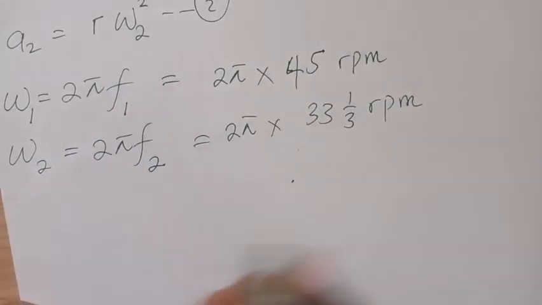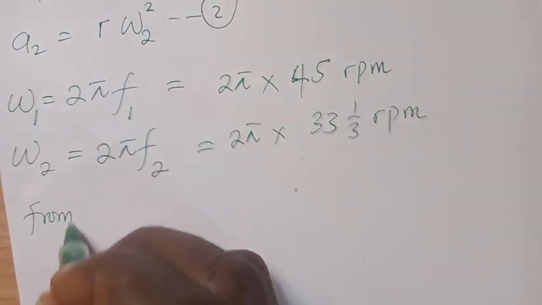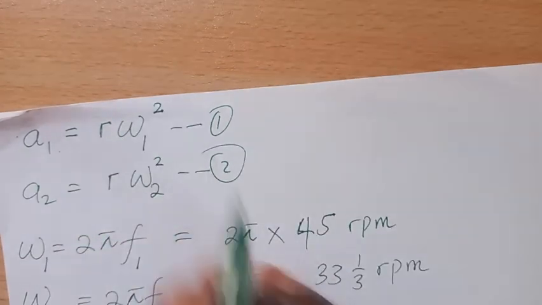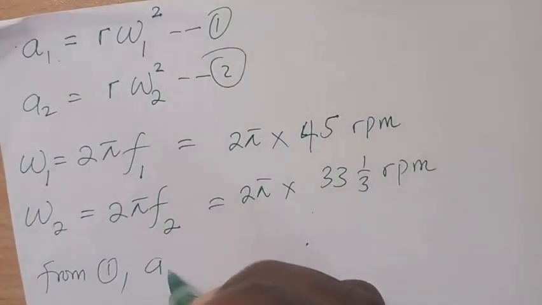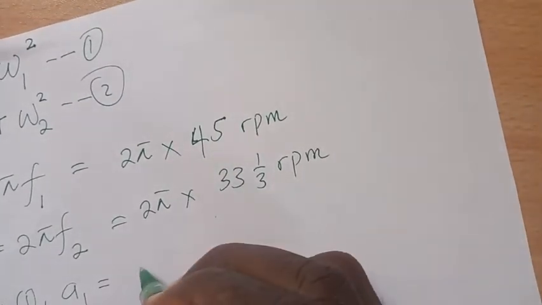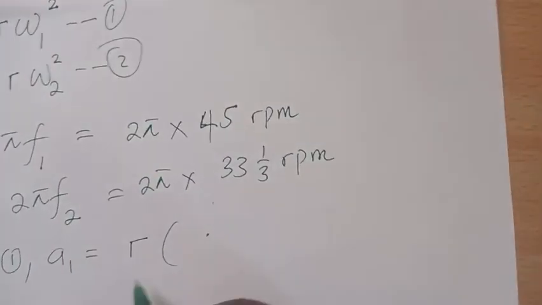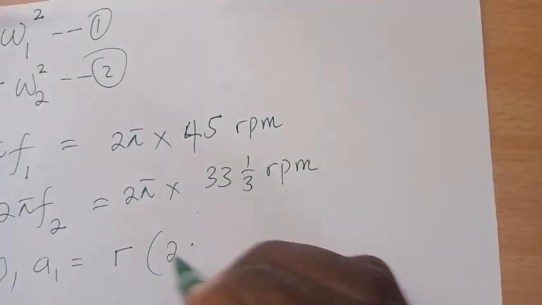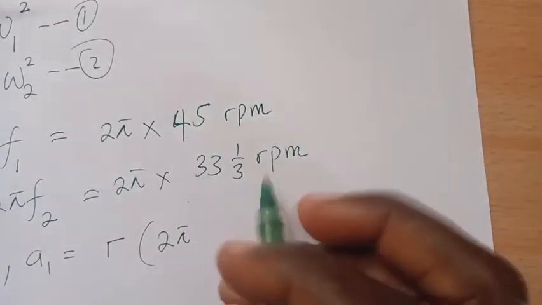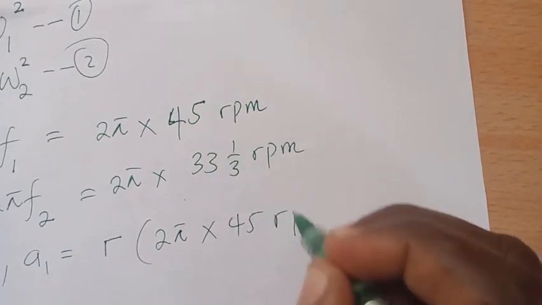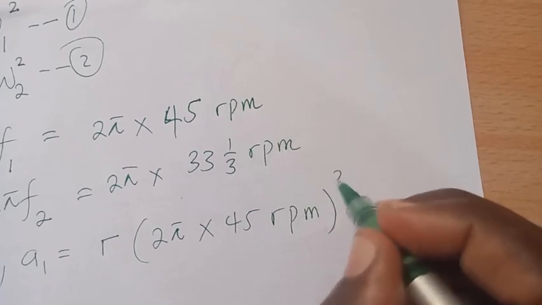So from equation 1, where I have A1 is equal to R omega 1 squared, it becomes A1 is equal to R open bracket 2 pi times 45 rpm close bracket squared.